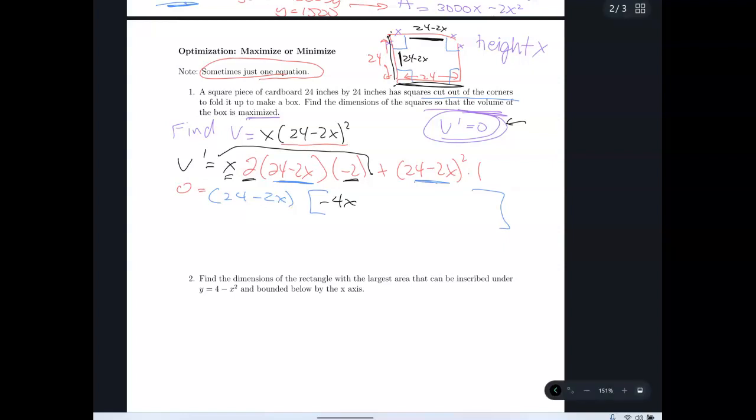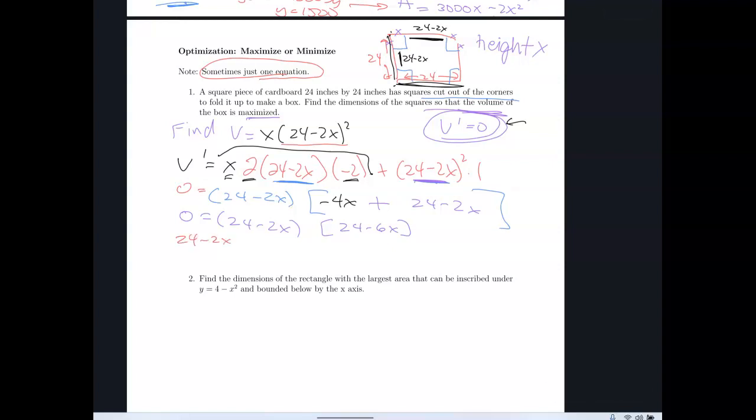Then if I factor out a 24 minus 2x out of this term, I'm left with a 24 minus 2x. Okay, so let's see what I've got. 0 is 24 minus 2x, and inside here I've got a 24 minus 6x. There I have it. Two quantities multiplied together to equal 0.